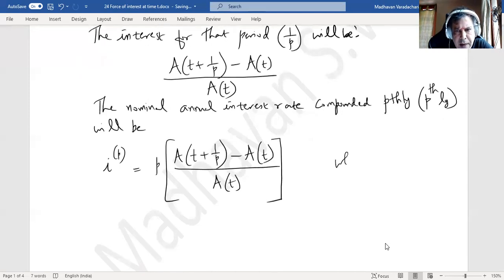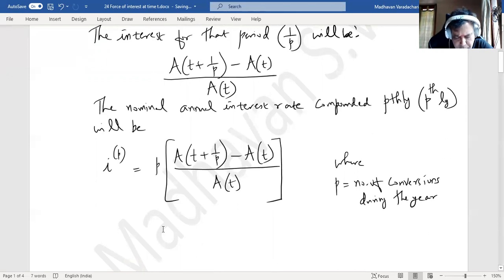Now I can say where p is the number of conversions during the year. Okay.